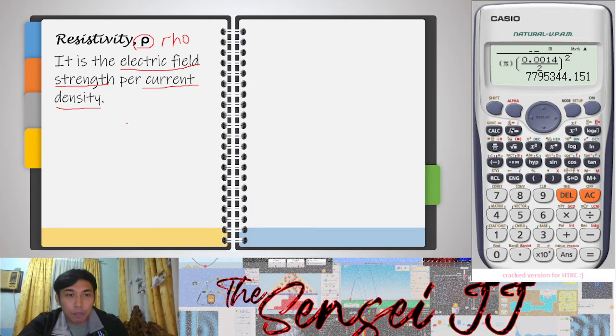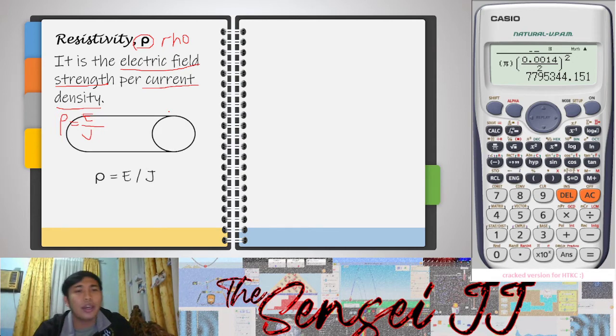So we have here rho is equal to electric field E all over current density J. So I hope tama to. So yes, rho is equal to E all over J.